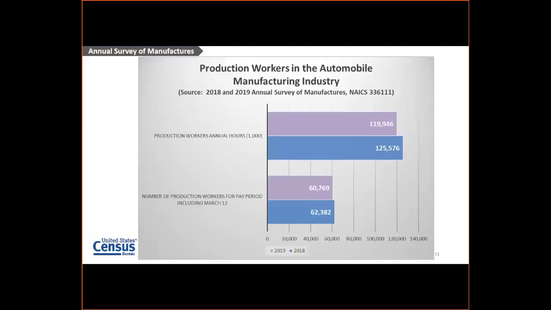We also have a webinar archived under the Census Academy on this topic. You'll want to search under a recording called Innovation at Census, Experimental Data Product. And other employment data related to the ASM includes total fringe benefits, employers' cost of health insurance, and defined pension plans as well.